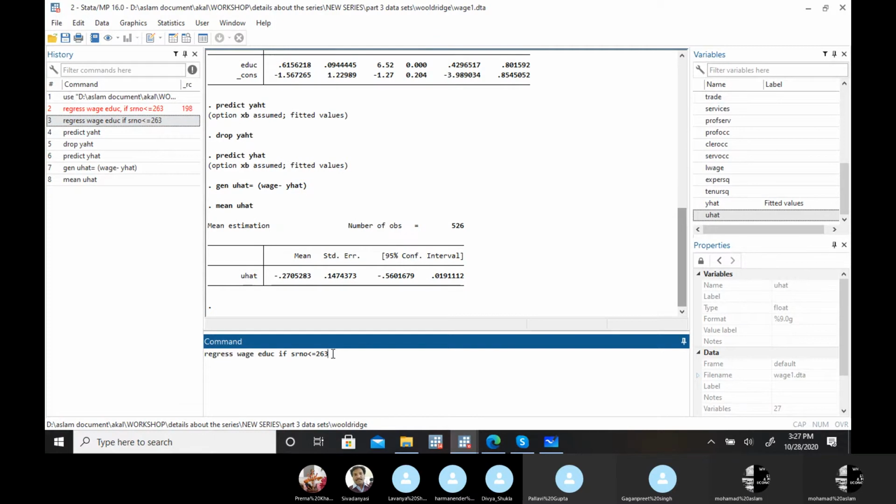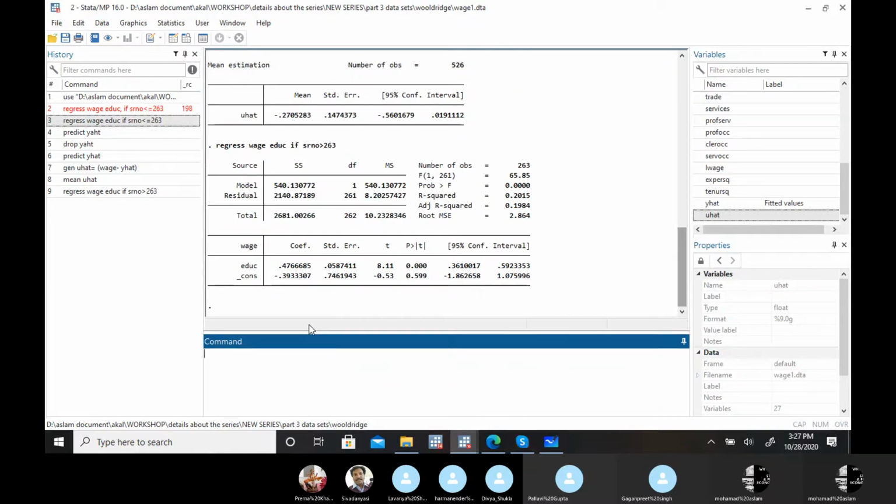Now we need this if serial number is greater than 263. Yeah, greater than, not equal to, only greater than.